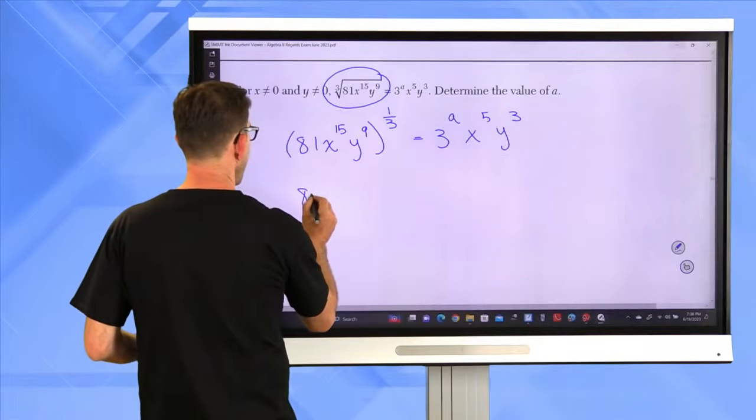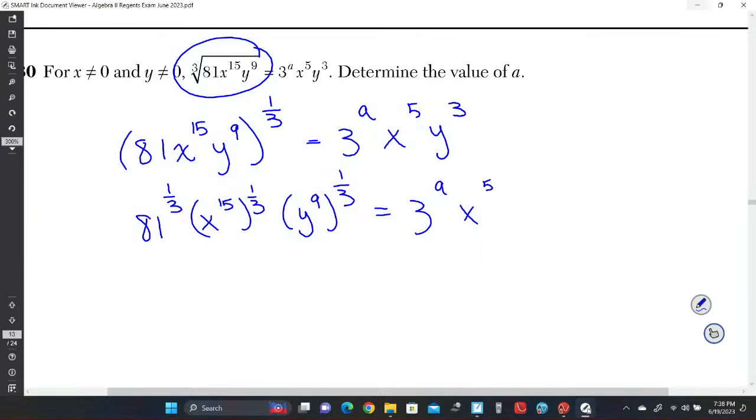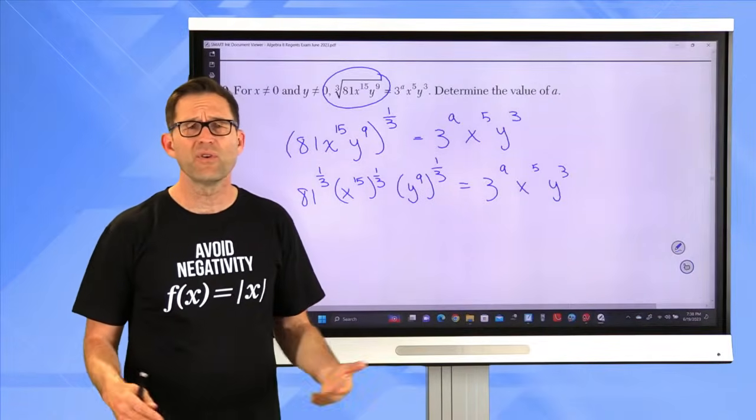So I have 81 to the 1/3, x to the 15th to the 1/3, y to the 9th to the 1/3, and then 3 to the a, x to the 5th, y to the 3rd. Again, I hate that they have the x and the y in here, because you don't do anything with them.